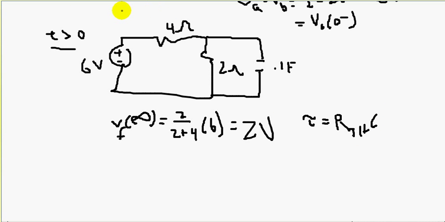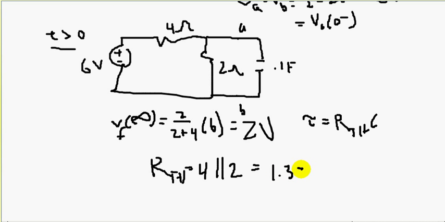What's our R Thevenin in this case? It's actually in parallel if we use a shortcut. So we cut this at A, cut this at B, and if we short the independent sources, we have that the 4 ohm resistor is in parallel with the 2 ohm resistor. So R Thevenin is equal to 1.33 ohms.